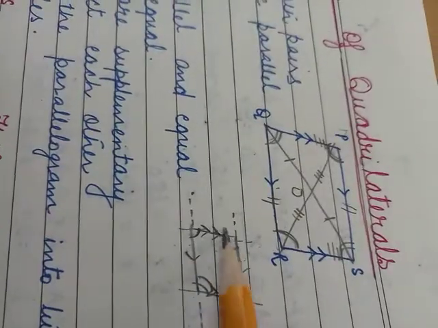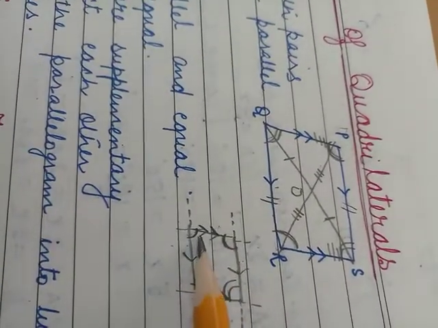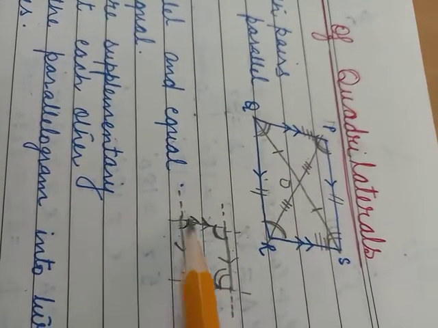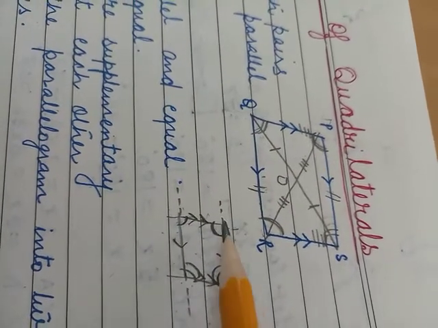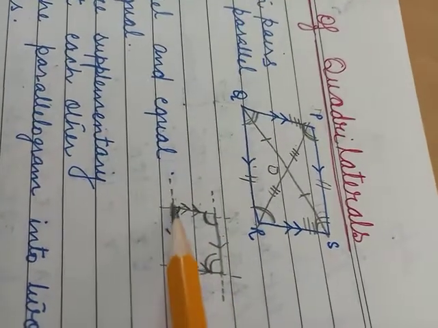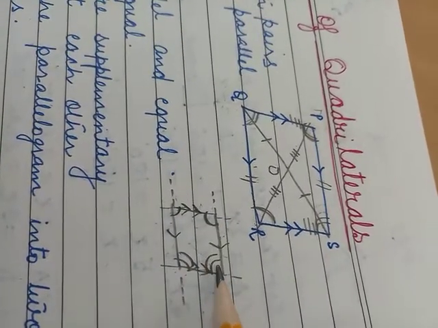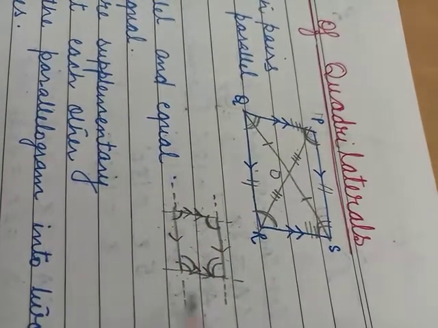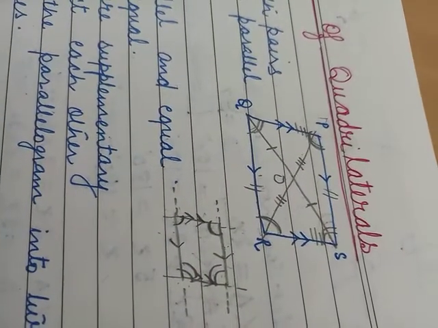Now, these two lines are also parallel. Therefore, this and this also form co-interior angles. These two also form co-interior angles. So we learned that the sum of adjacent angles is 180 degrees. That is, they are supplementary.